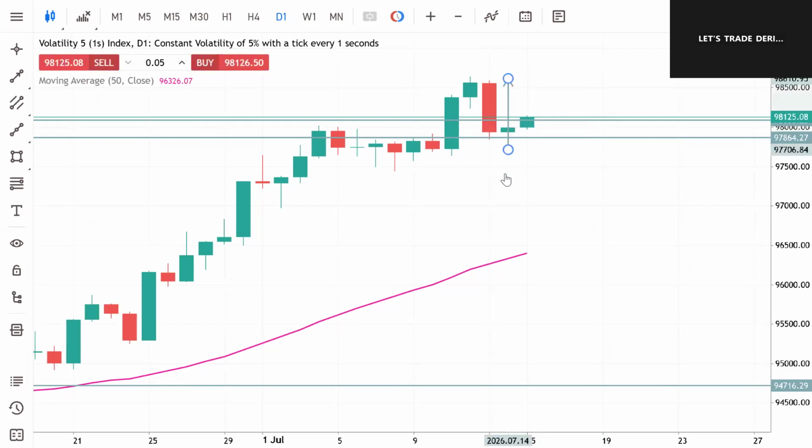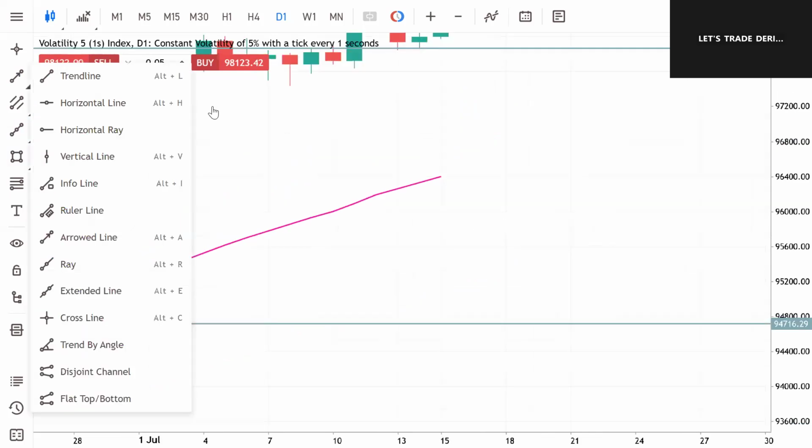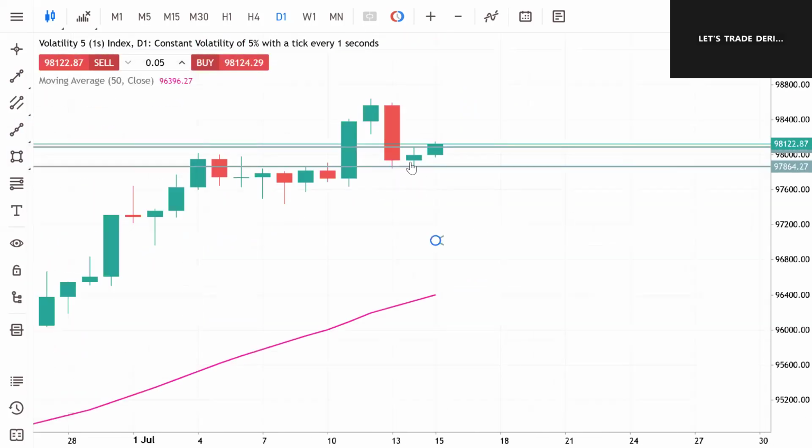So first thing first, check what yesterday's candle did. This is yesterday's candle, and you can see we had an indecision candlestick here.